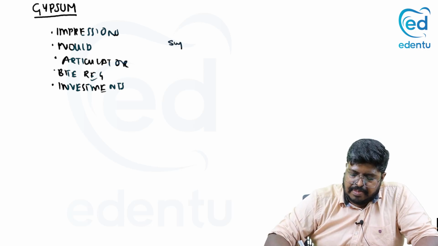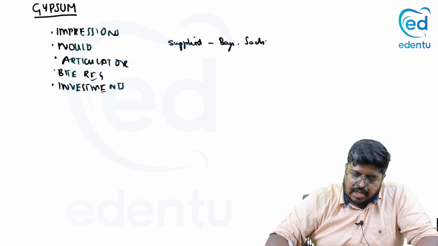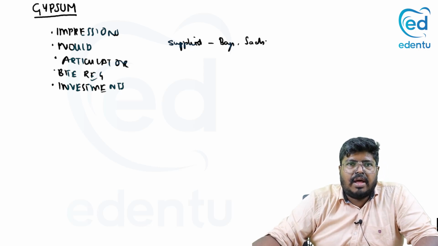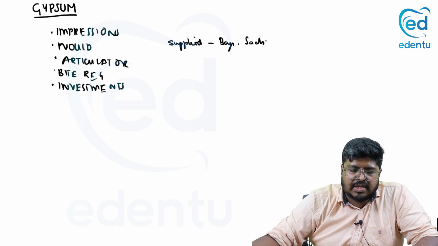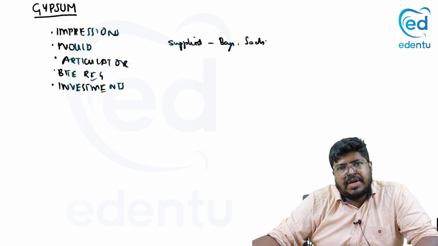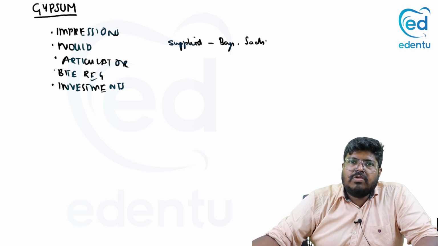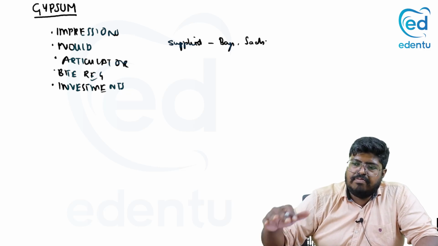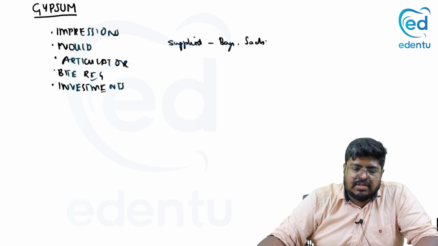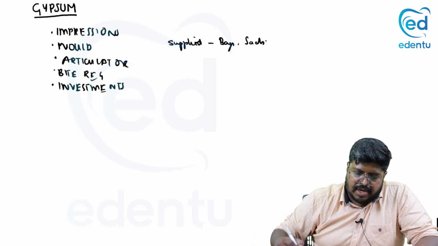Gypsum can be supplied in various versions. Usually we buy it in bags or sacks, right? You can also get a medium amount of gypsum in plastic containers, or you can get it in pre-weighed sachets. And if your clinic has a lot going on, you can even buy big tins that are also available.